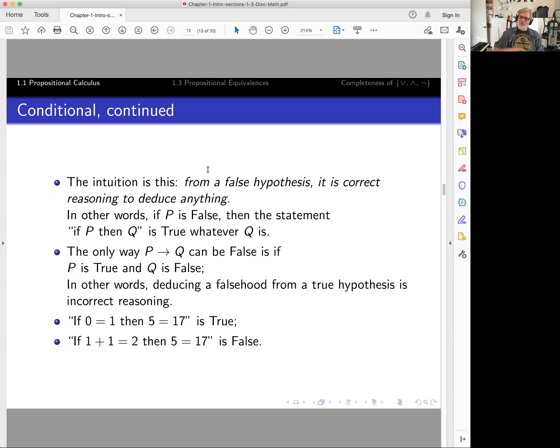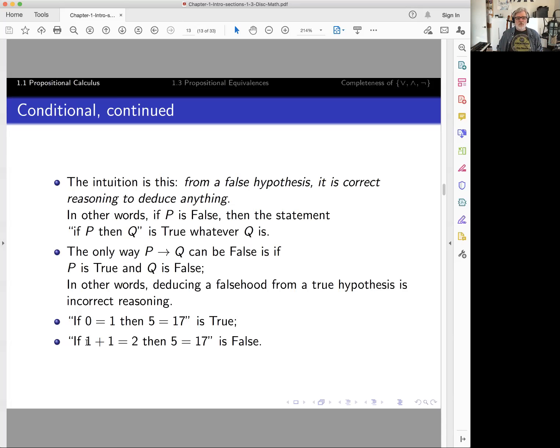Now, if the hypothesis is true and the conclusion is true, then if P then Q is true. That's sort of natural. So the only one left is the case where it is false: when P is true and Q is false. If I start with a true hypothesis and deduce something false, this is wrong logic. That's the way I see it.